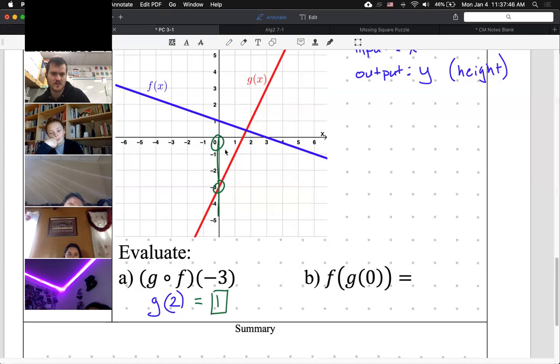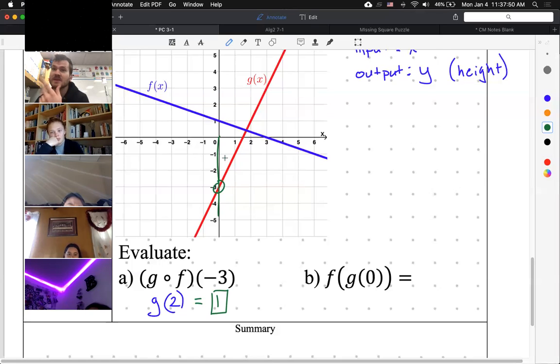And then it would intersect with -3, right? So the y coordinate or the output is -3. So you're saying that G of 0 is -3. Should I keep going? It's up to you. If you want to keep going, you can.